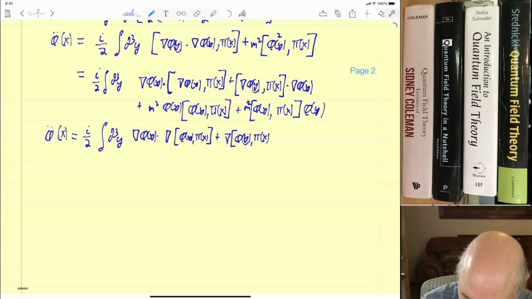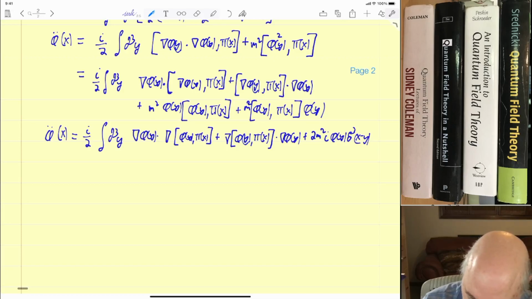That's where it originally occurred. I mean, I'm not writing del y's like I should. And then this term, we know how to evaluate these commutators, and they're the same. So we get 2m squared i phi of y delta 3 of x minus y.